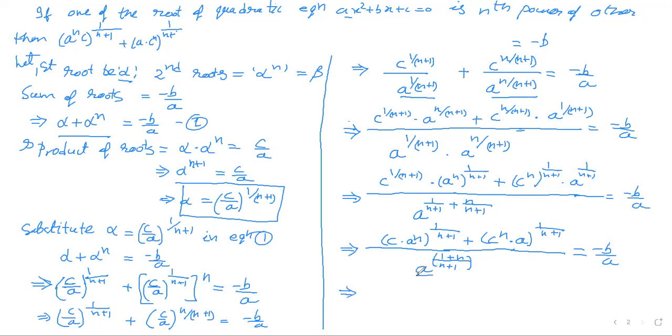The denominator also becomes a, so it will be cancelled out from this a as a is non-zero. So the remainder is c into a to the power n whole to the power 1 upon n plus 1 plus c to the power n into a whole to the power 1 upon n plus 1 equals minus b, hence proved. Is that clear to you? Yes, sir.